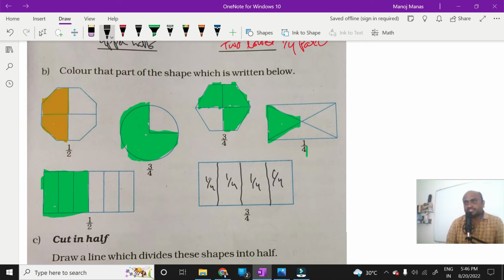Okay, the first one is looking smaller, this is looking bigger. So you assume that all are equal, and then we will be marking the color in this first 1/4, second 1/4, third 1/4. That will become 3/4. Okay, so let us go back to this highlighter.